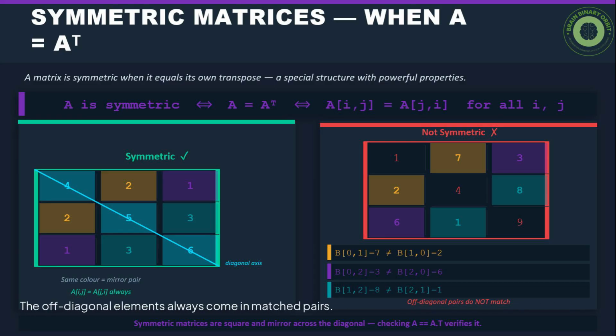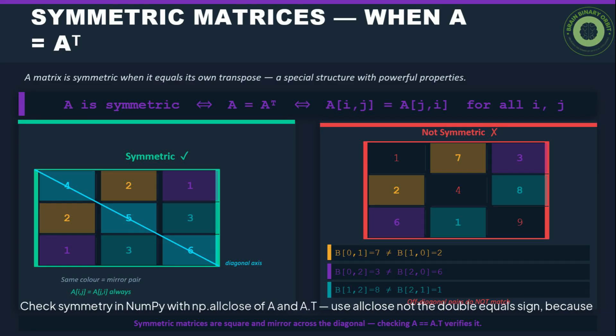The off-diagonal elements always come in matched pairs. If you see the value 7 at position row 0, column 1, you must also see 7 at row 1, column 0. Check symmetry in NumPy with np.allclose of A and A.T. Use allclose, not the double equals sign, because floating point comparison needs tolerance.